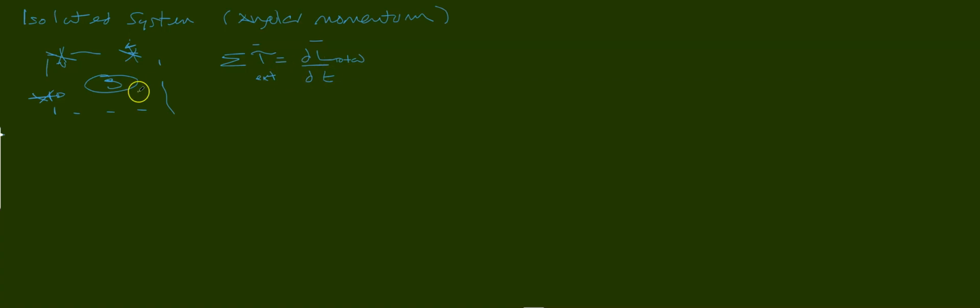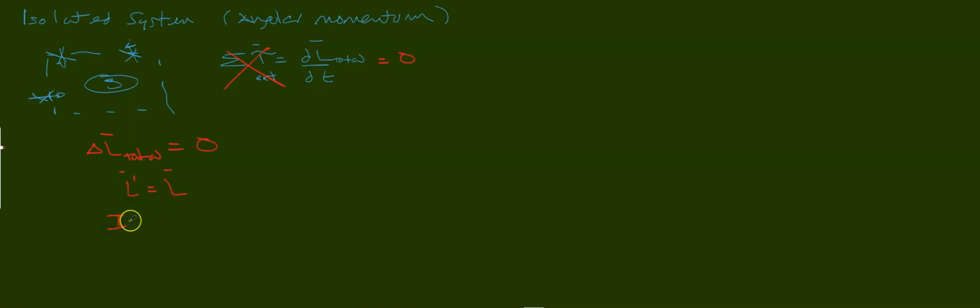So what happens is that if the system is isolated, then there is no external torque, and so the change in momentum is zero. At the end, what you get is that the total momentum vector doesn't change, which means momentum final is equal to momentum initial.